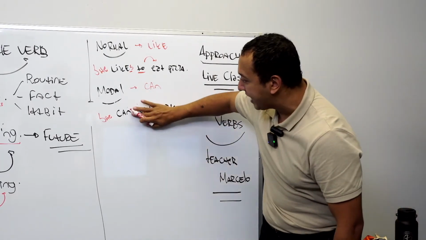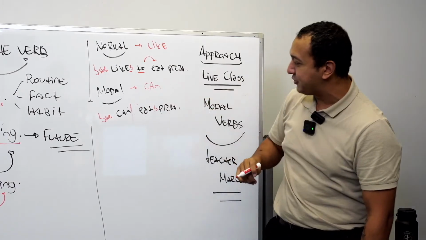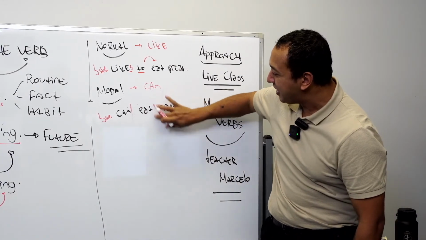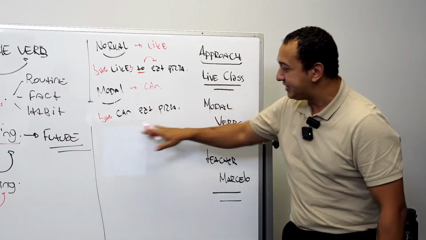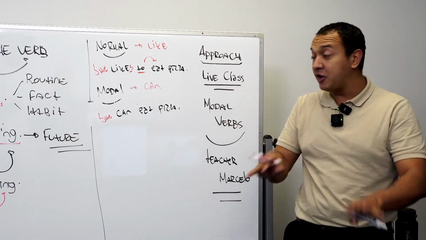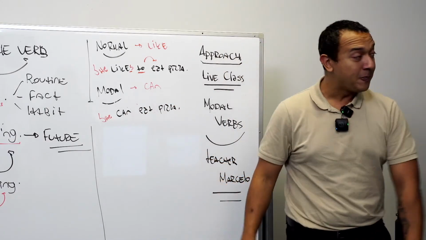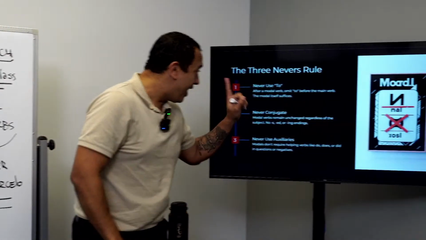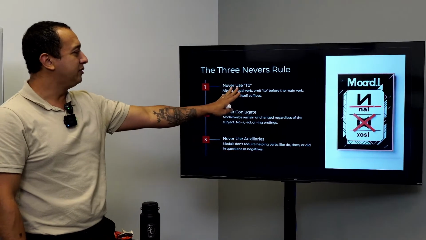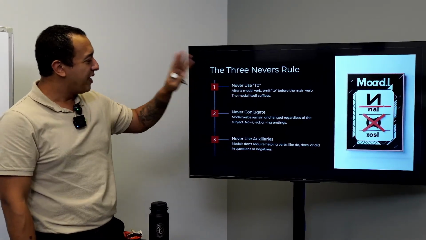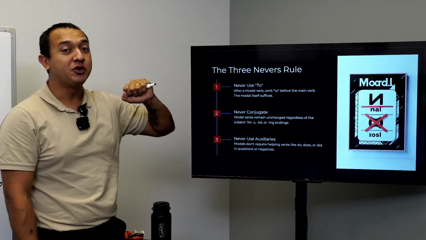This is incorrect. She can eats, not good. I just keep the same sentence, okay? I never conjugate. She can eat pizza. Can you believe that? Here, never number one, never use to. Never number two, never conjugate a one-word modal verb, okay?